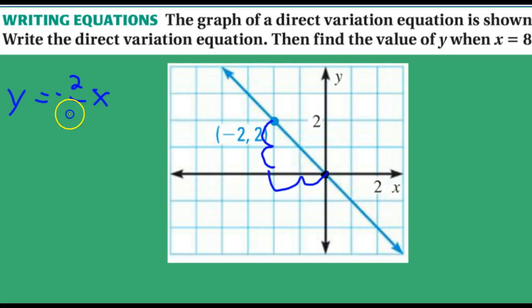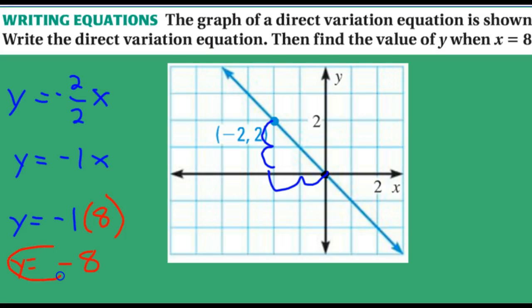So our rise over the run is negative 2 over 2, but we can simplify that to negative 1x. Now if we're going to find the value when x equals 8, we go y equals negative 1 times, instead of our x, it's going to be 8. So negative 1 times 8 is negative 8. y equals negative 8.